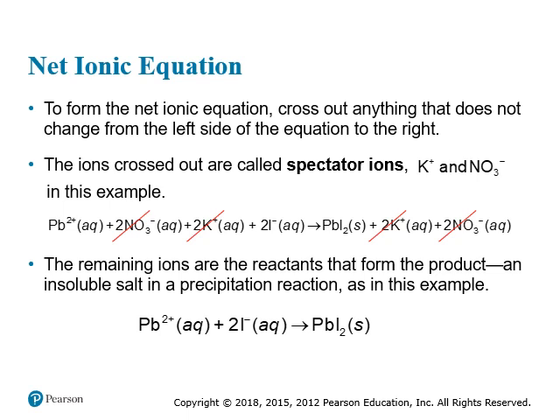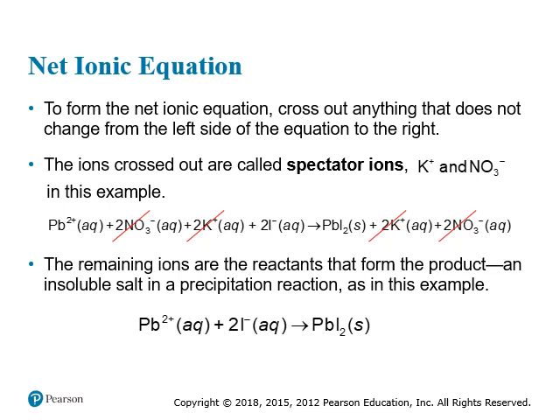So if we look at the complete ionic equation for this reaction, we see on the left-hand side of the equation 2 nitrate anions. We see on the right-hand side of the equation 2 nitrate anions. Similarly, we see 2 potassium cations on the left and 2 potassium cations on the right.